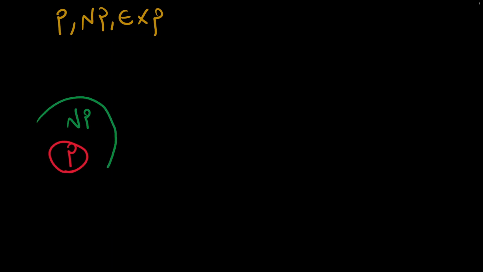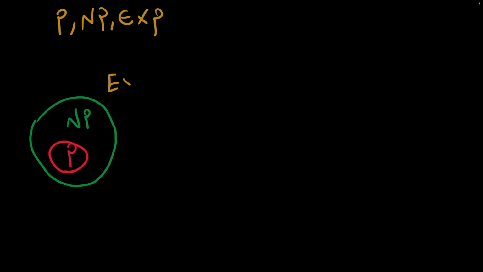So we want to go ahead and relate these complexity classes to each other: P, NP, and EXP, exponential time. If we were to write these as sets, there are problems that are solvable in polynomial time. On the flip side, there are a lot of problems which, for the moment, we know are verifiable in polynomial time, but we don't know if we can solve them in polynomial time. We can verify them, but we cannot solve them.